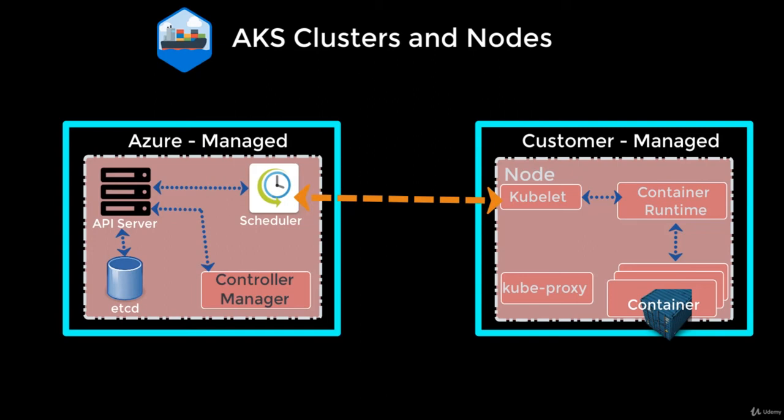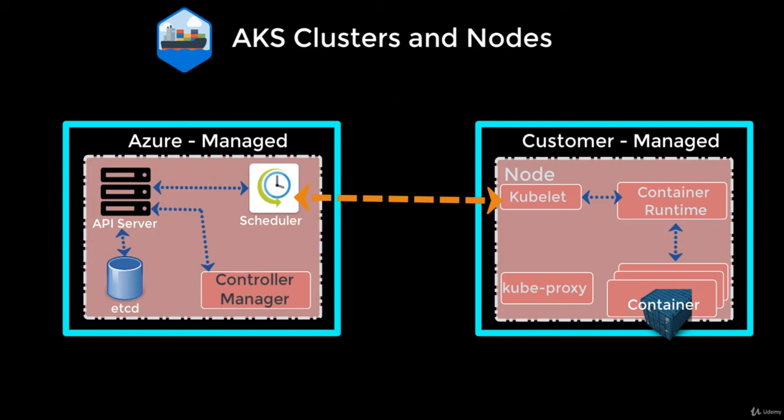The kube proxy handles the virtual networking of each node. The kube proxy routes the network traffic and manages IP addressing for services and pods. Now, the container runtime is the component that allows containerized applications to run and interact with additional resources such as the virtual network and storage. In Azure Kubernetes Services, or AKS, Docker is used as the container runtime.